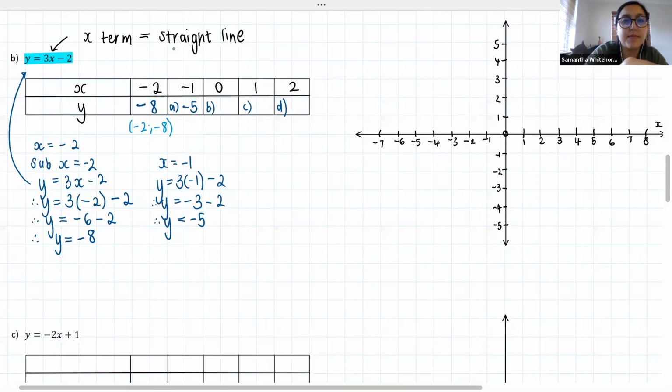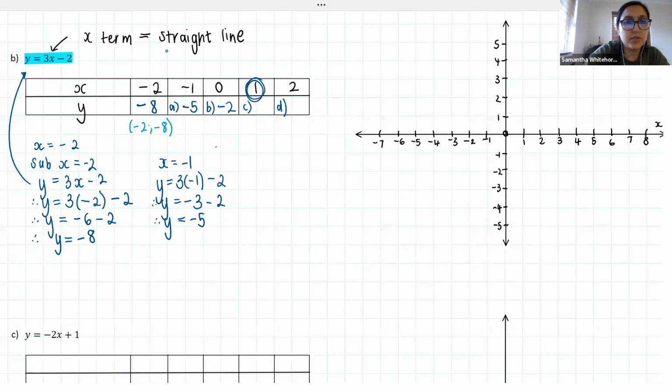We're going to do the same thing with the 0. Instead of -1, we're now going to substitute in 0 into our equation, which means we've got 3 times 0, which is 0, minus 2 is -2. Next one, we've got x equals 1, so 3 times 1, which is 3, minus 2, which is 1.